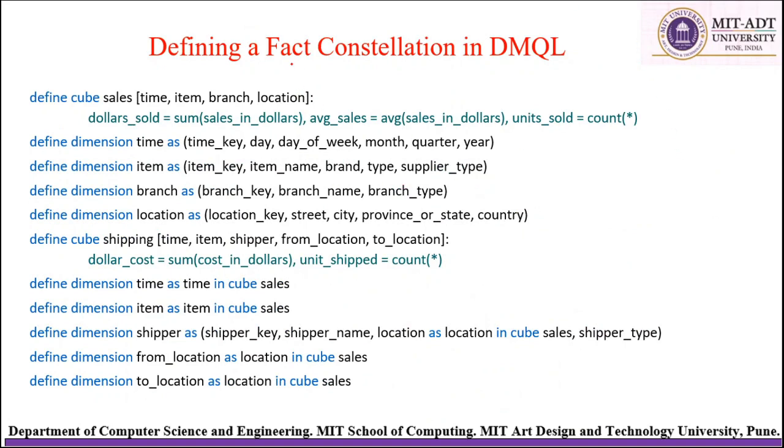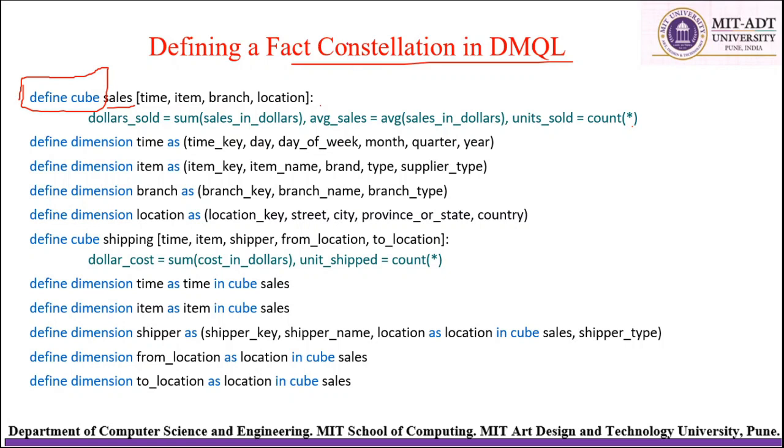Same way for the fact constellation. So what is the difference in this? We have to define 2 or more cubes because there are 2 or more fact tables. So the first fact table in our example was sales, in which time, item, branch, location with all these measures are there.